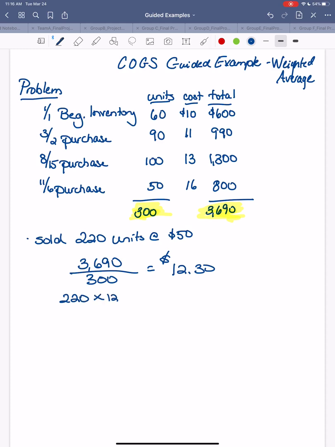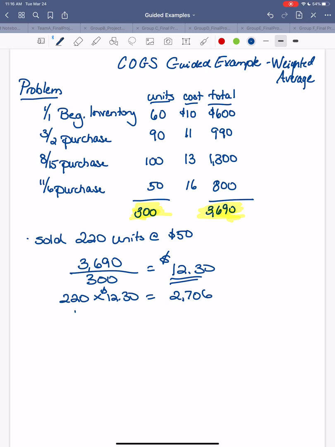I apply that $12.30, right, from above, and that's going to equal cost of goods sold of 2,706.